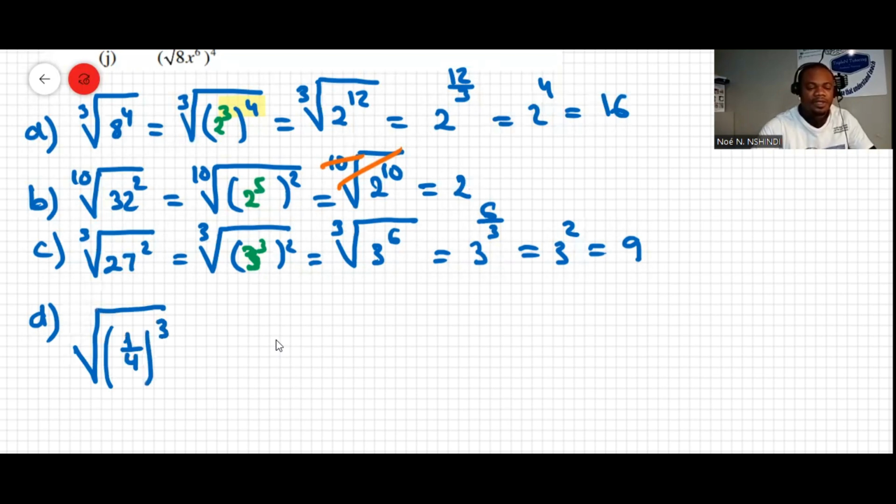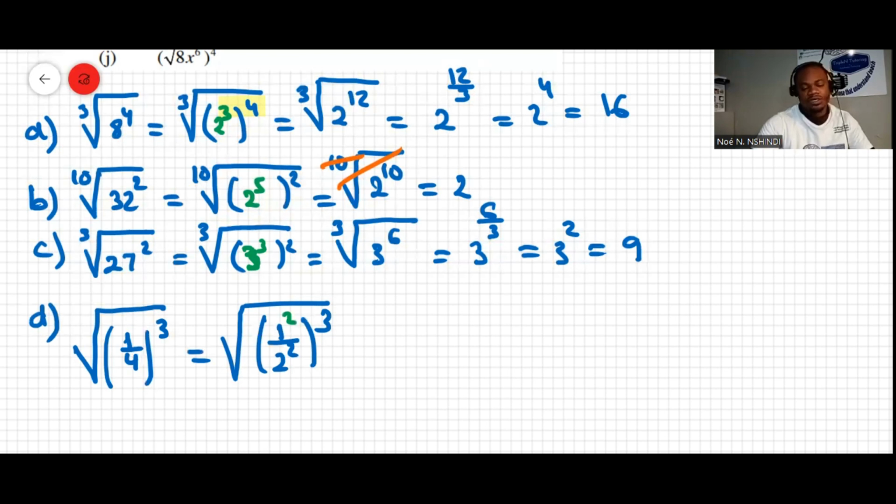Okay, so 1 over 4 is also a square because, okay, let me write like this, the power of 3 there. 1 over 4 can be written as 1 over 2 squared, okay? And then 1 on its own is also a square number, okay?